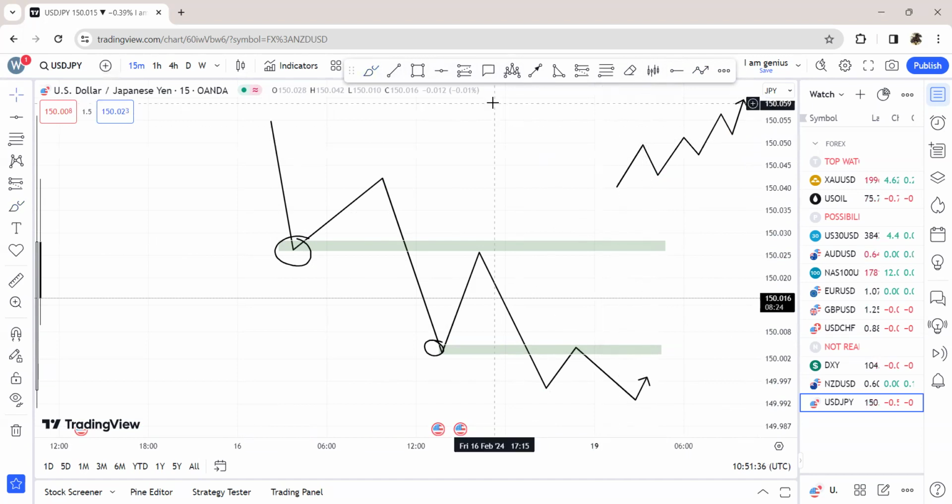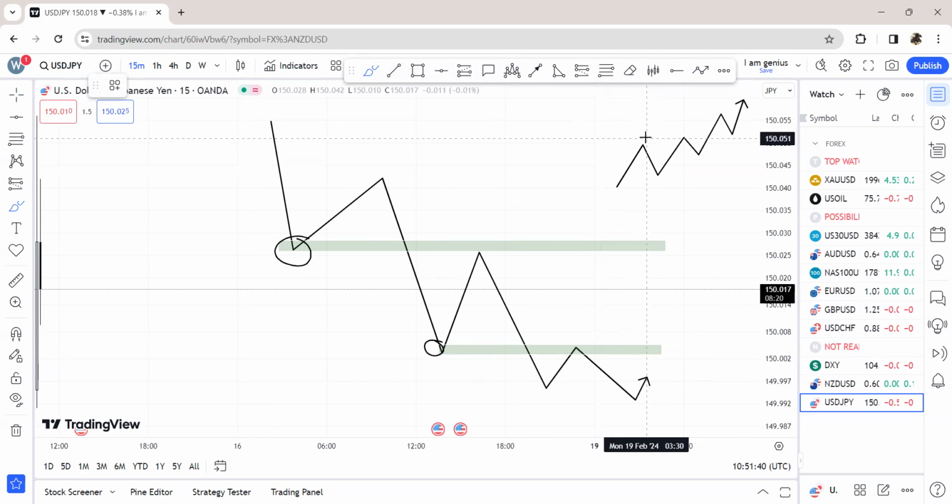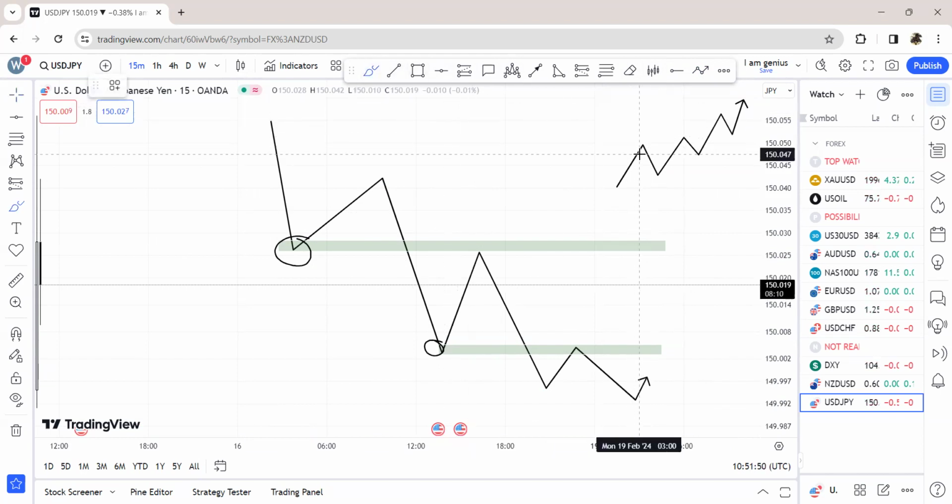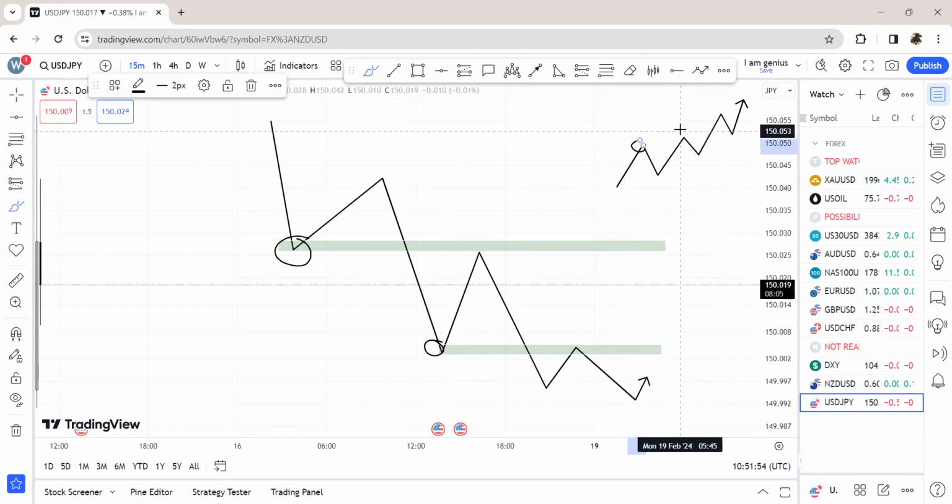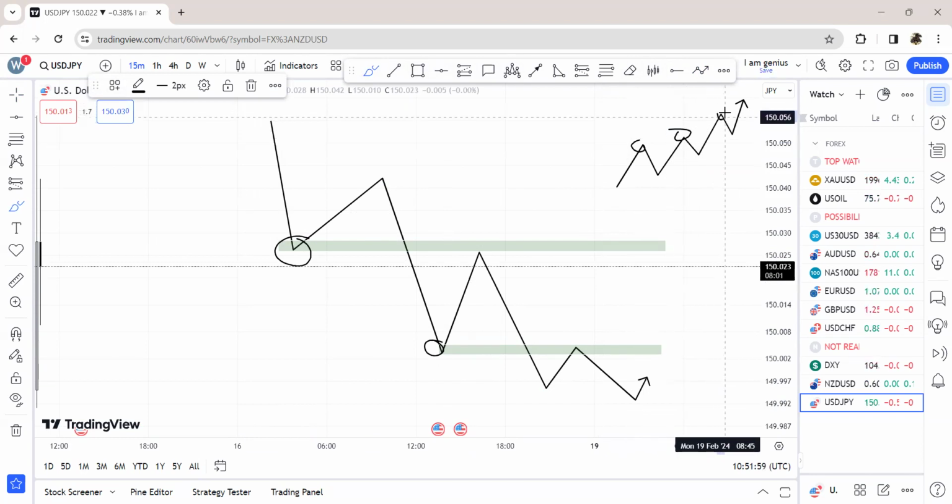We were focusing, drawing our key levels on these. Yeah, we were drawing it on these. That's where our focus was.